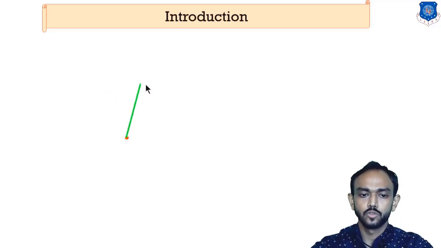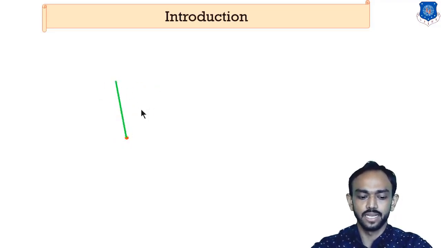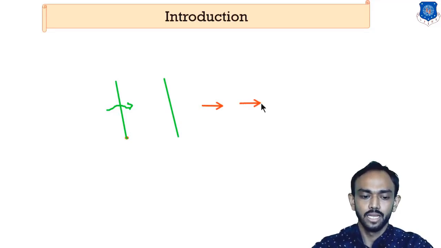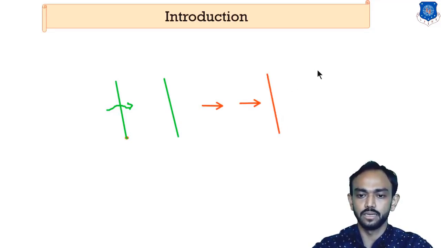This type of motion has some reference point with respect to which it is rotating, so it is a rotation. But translatory motion means the link in this condition moves in this direction without changing its orientation. If it is moving in this direction, it can be said that it is a translatory motion.